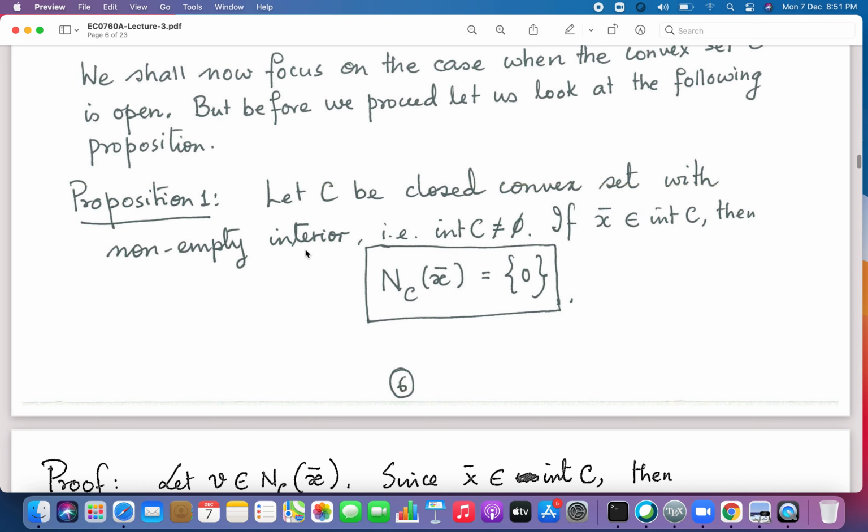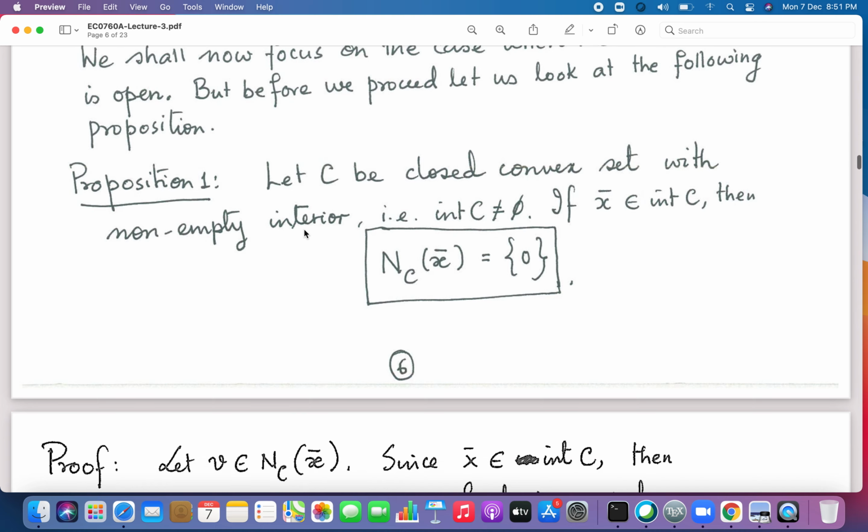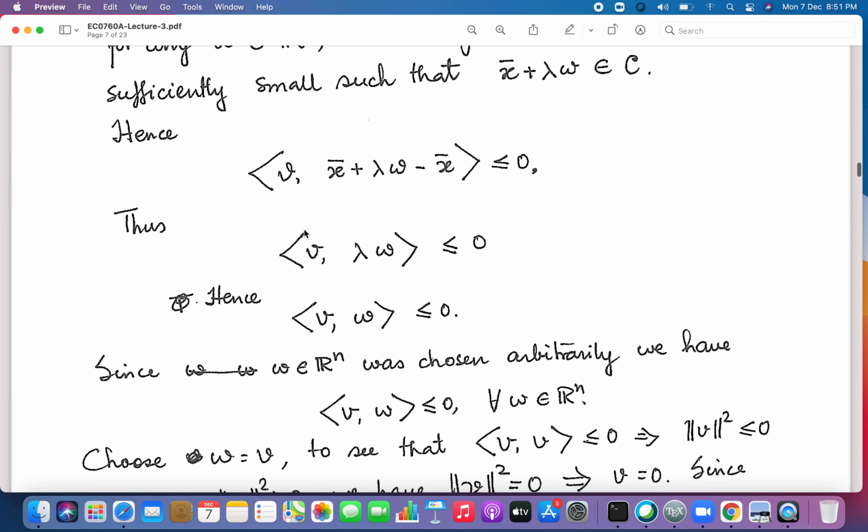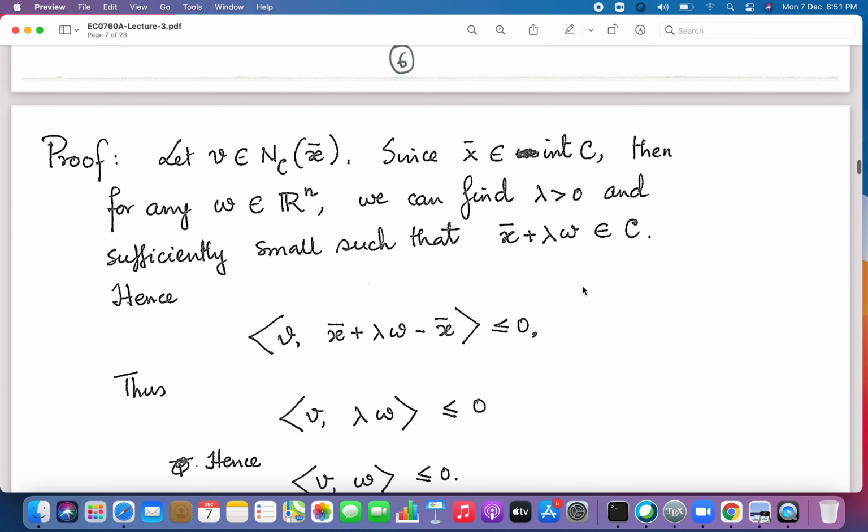Now, of course, there's a proof for this. The proof is very simple because it just applies the idea of what you mean by an interior point.